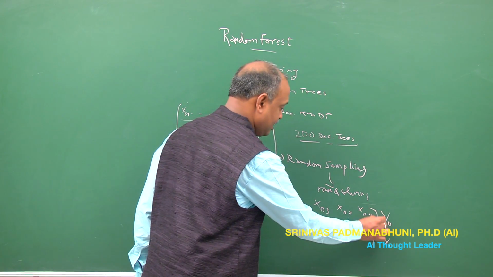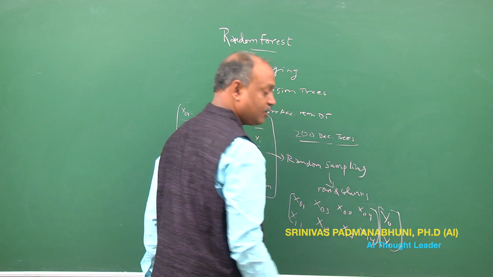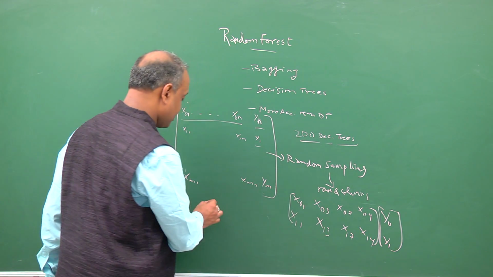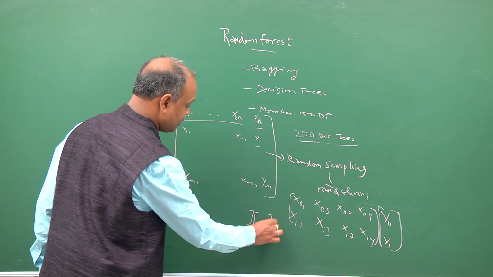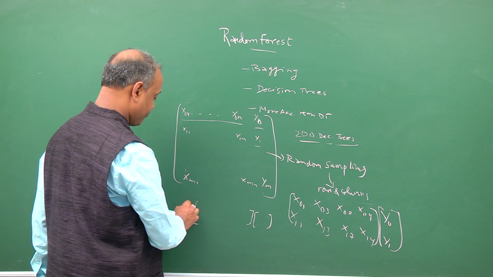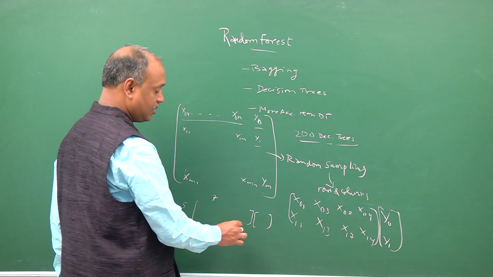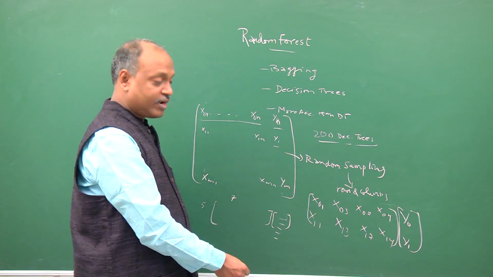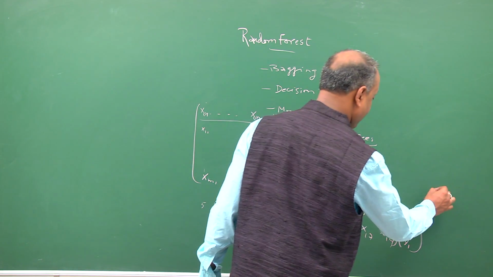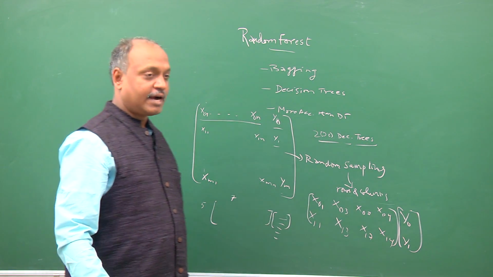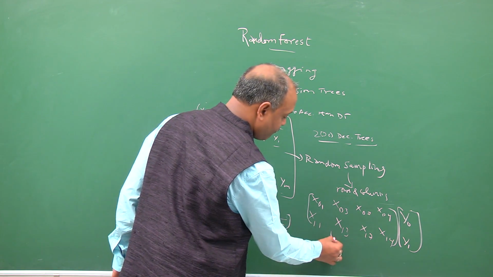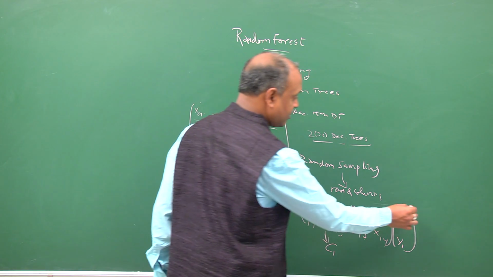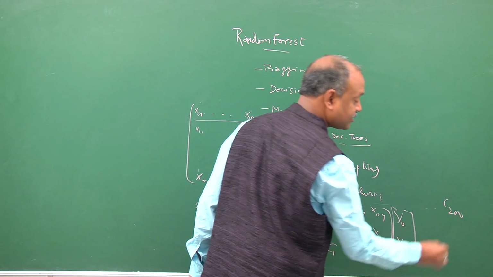Now this becomes a smaller version of the classification problem. Likewise, we have another one with a similar combination, maybe 5 rows and 7 columns, and the corresponding rows will have the corresponding 5 output values. Like that, you can have 200 such small problems, and we will have one decision tree for each of them, so we'll have 200 decision trees.